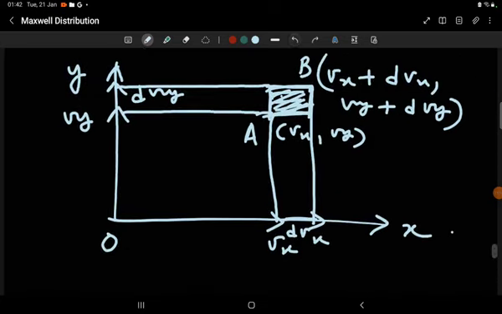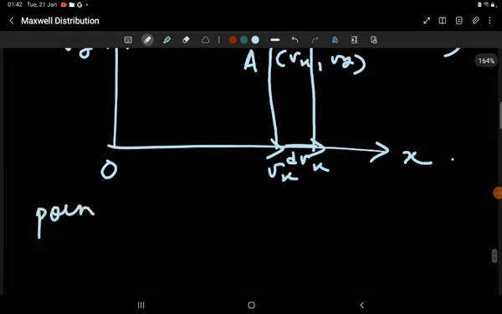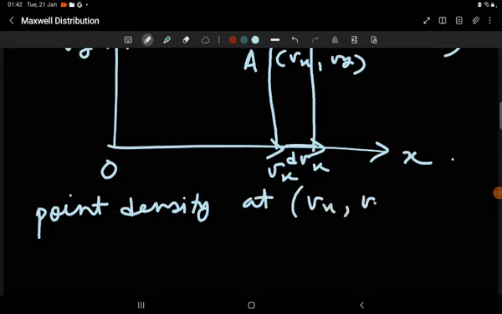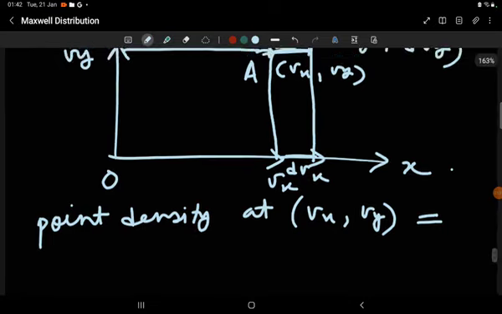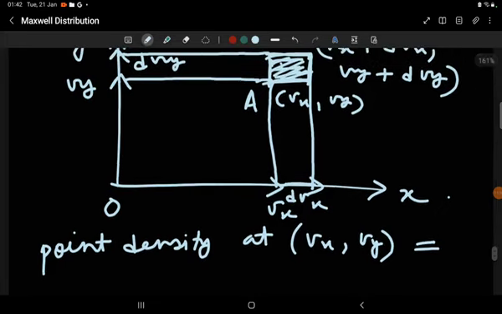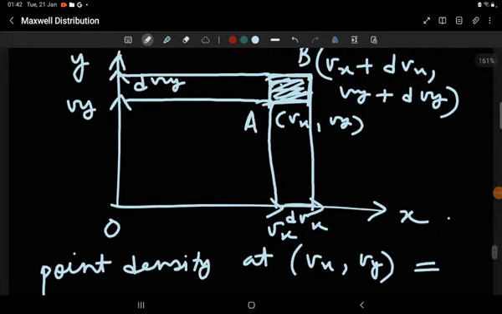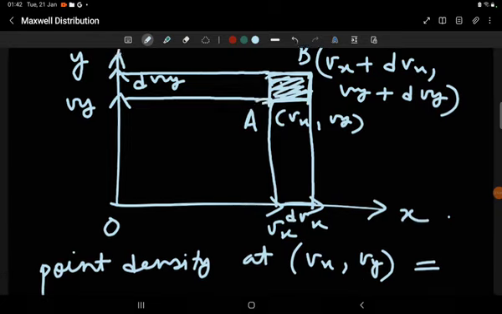So we define something called the point density at vx comma vy. This point density was nothing but the density of points in this system which lie in the speed range vx comma vy to vx plus dvx comma vy plus dvy.